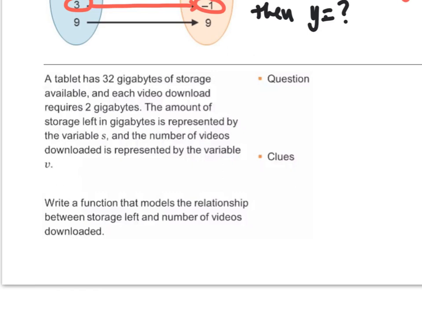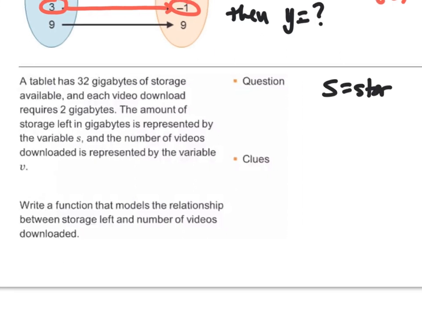On this one, it says a tablet has 32 gigabytes of storage available, and each video download requires 2 gigabytes. The amount of storage left in gigabytes is represented by the variable s. So s is equal to storage space.